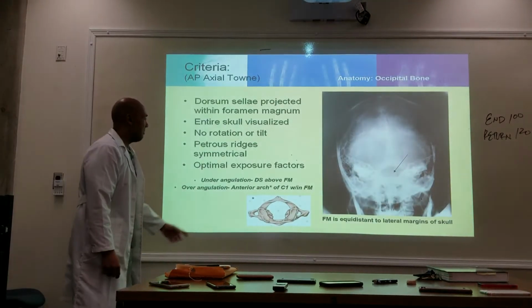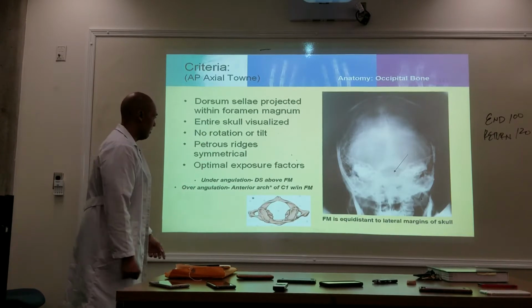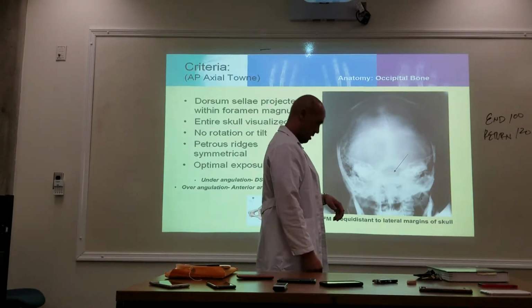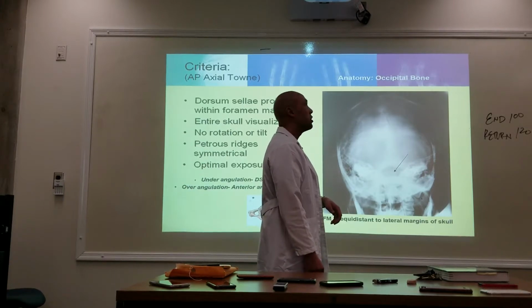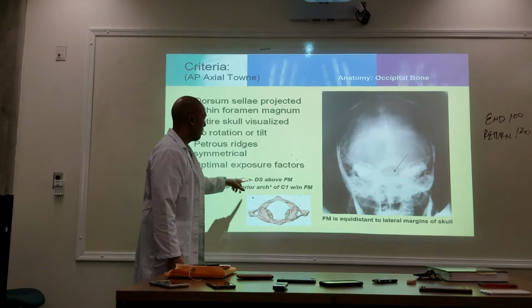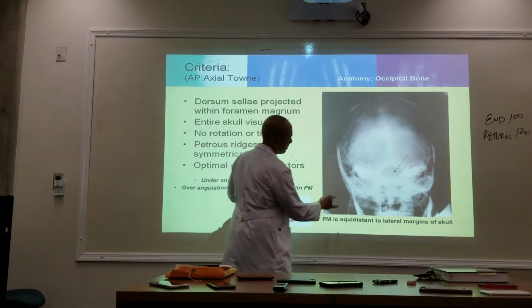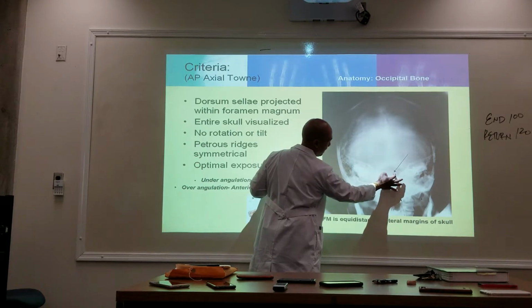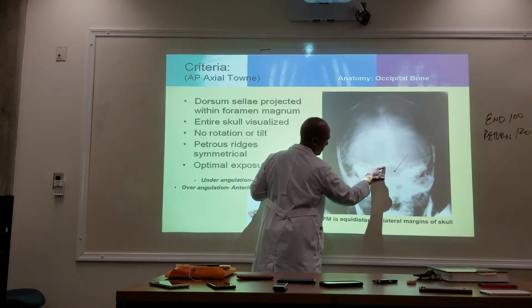Now, if it's underangulated, so again, are you using poor angulation, or is there too much flexion, or is it too extended? If you are underangulated, the dorsum sellae is going to be above the foramen magnum. So instead of it being here, it's going to be up here somewhere off the top.